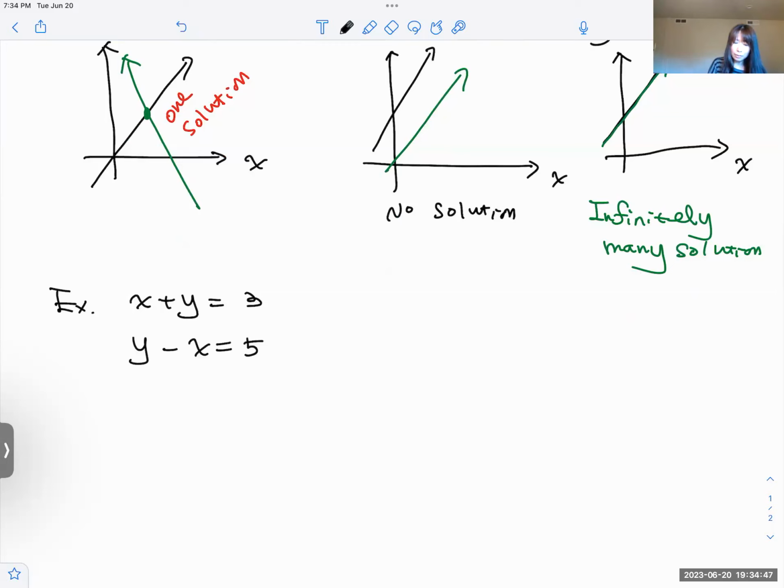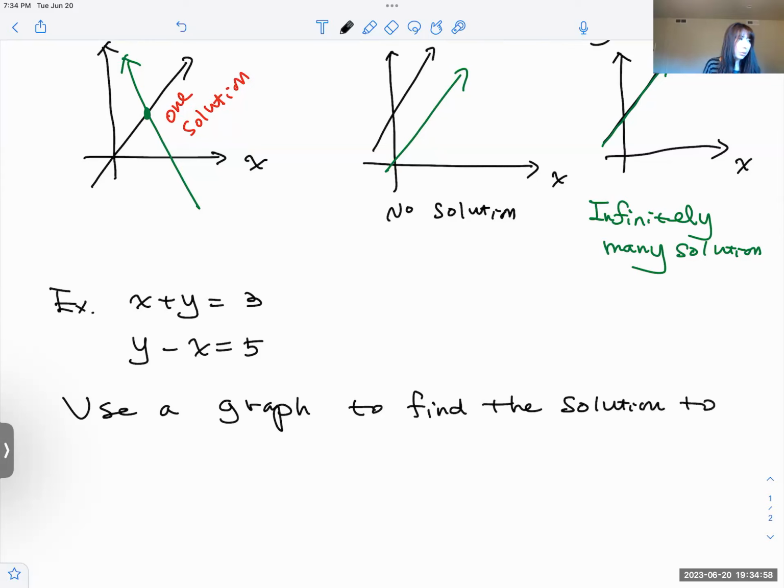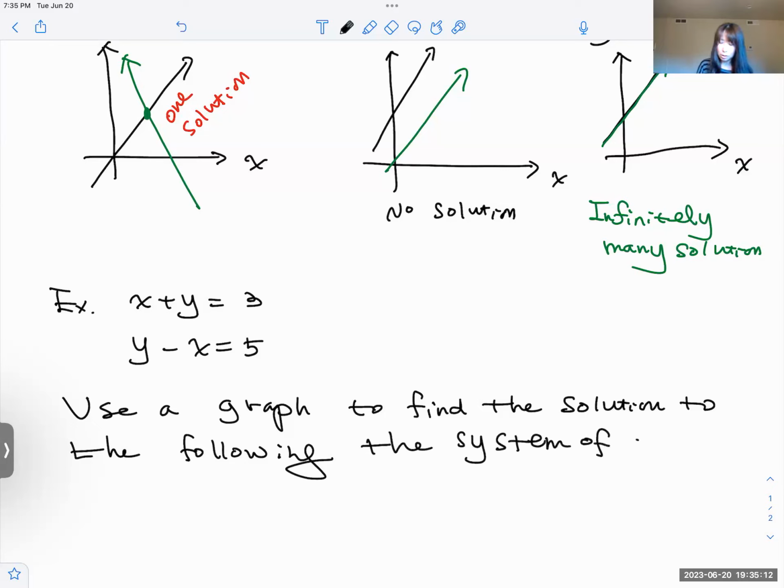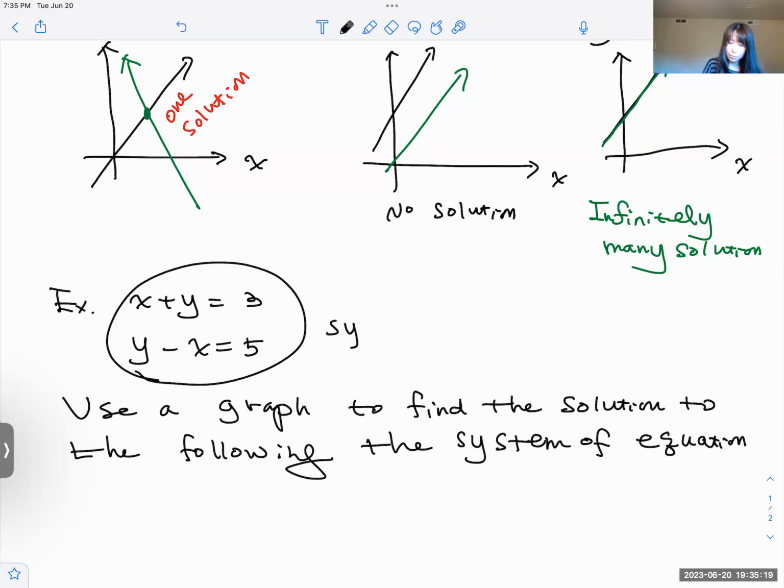So use a graph to find the solution to the following system of equation. So we call this a system of equation, right?